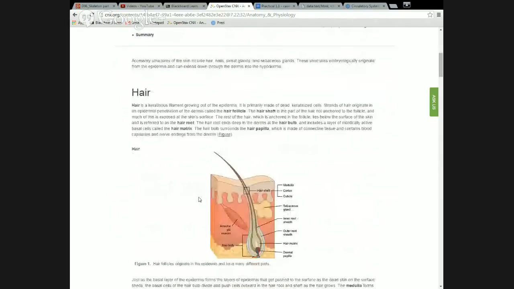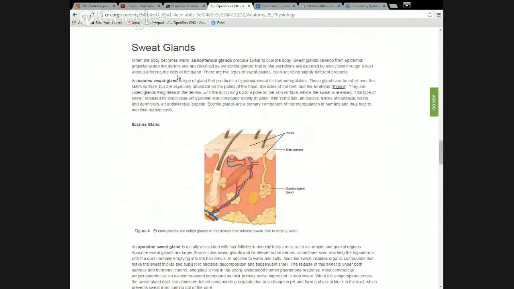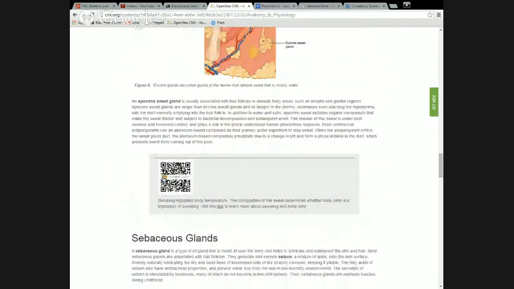I just want to say something about glands. In the book, they talk about the sweat glands, which are called sudoriferous glands. There are two types, eccrine glands and apocrine glands. And the book describes the difference between those. I wish I had time. I have some interesting stories to tell about sweat glands, but I don't really want to go into that.